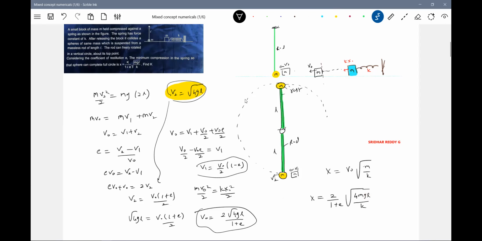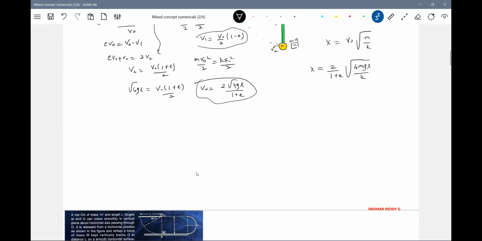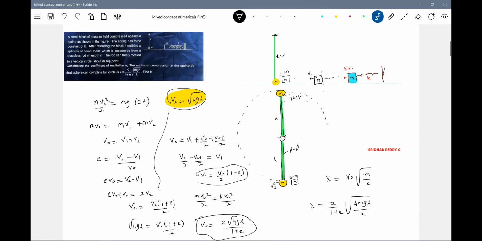And this may happen for you. So I'm just asking you to be extra alert. I think this will not come by solving numericals. All these things will come by being extra alert in the exam.